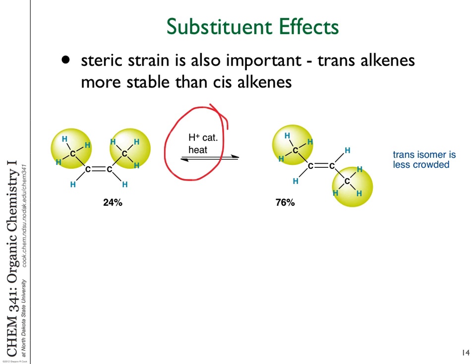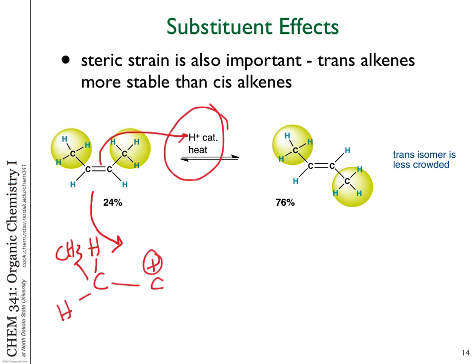We'll get a double bond rotation. That occurs, by the way, by protonating. So the double bond will get protonated. We'll form a carbocation on one end and put the hydrogen on the other. Okay. We get an intermediate.